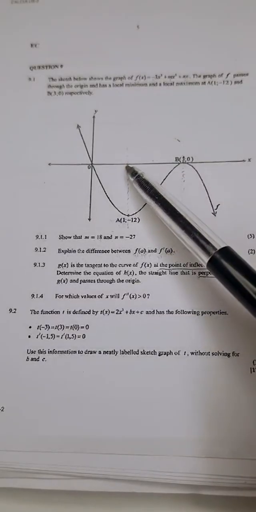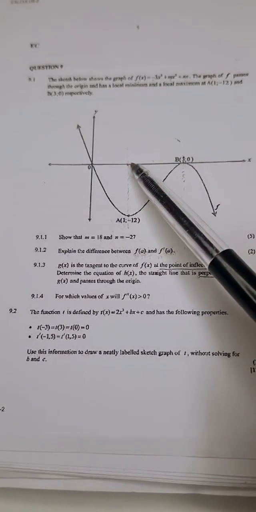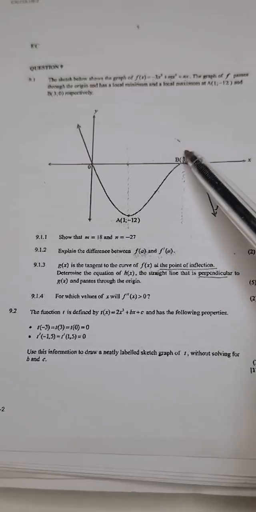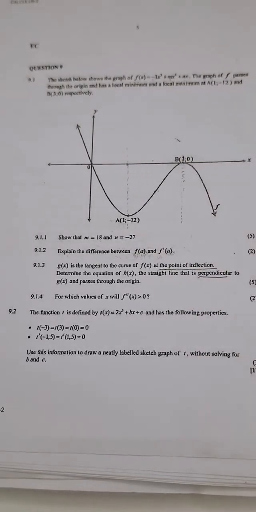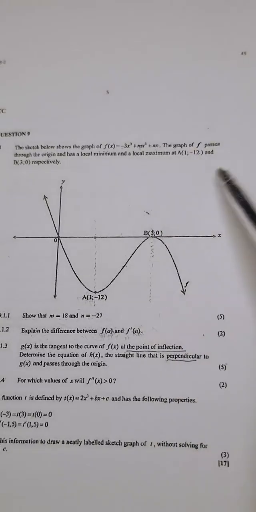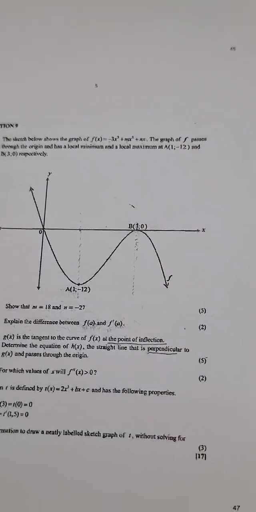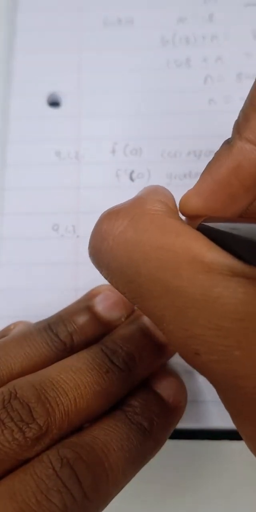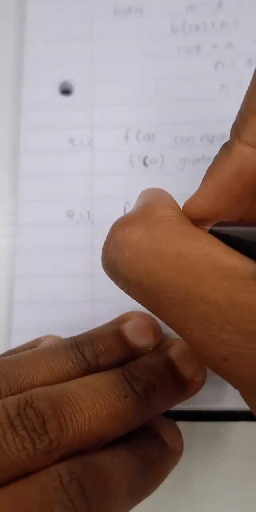Take the x coordinate of the local minimum, take the x coordinate of the local maximum, you add them together, you divide by 2, you get the x coordinate, then you substitute it back into the original function to get the corresponding y value. So let's put that then to practice. Point of inflection. Let's find the point of inflection.